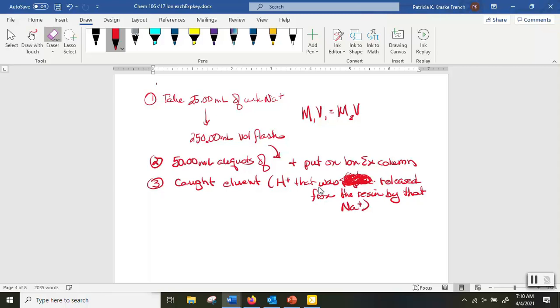The sodium, remember, replaced that H+. So we caught the eluent and then rinsed the column thoroughly with water and caught the rinses.